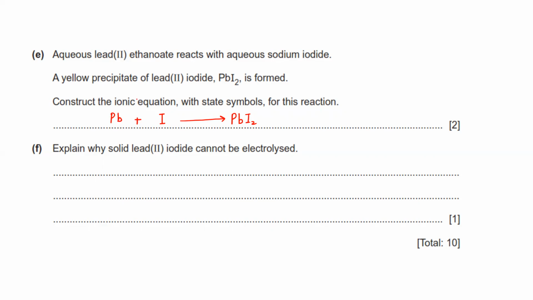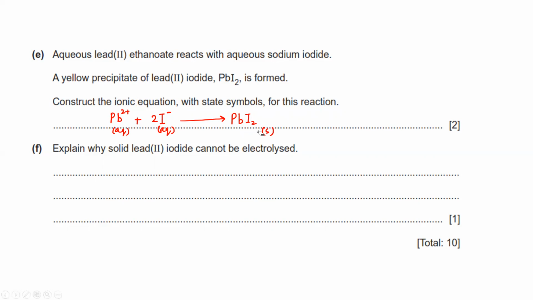Lead is 2 positive, iodide is 1 negative, so balance it out: you have 2 iodide here, so 2 here. This is aqueous, again an aqueous solution, and this is the salt, in the solid state, which you write as s. So this is how the equation goes.